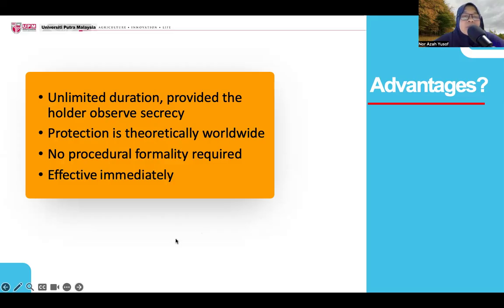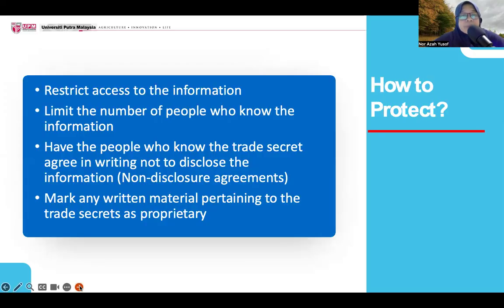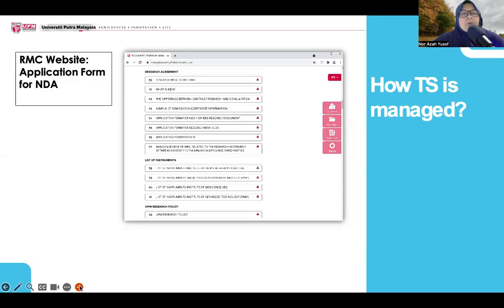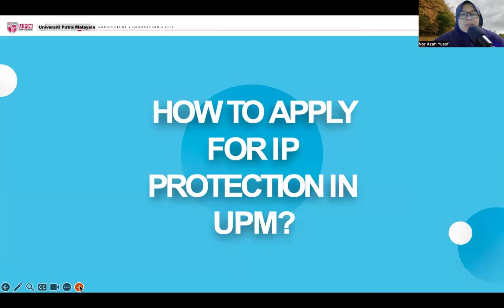But I don't think it is strong enough to protect your innovation. If you intend to do trade secret, then you have to really protect it. This is just the process.